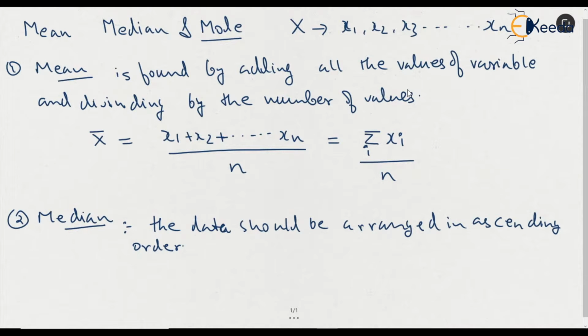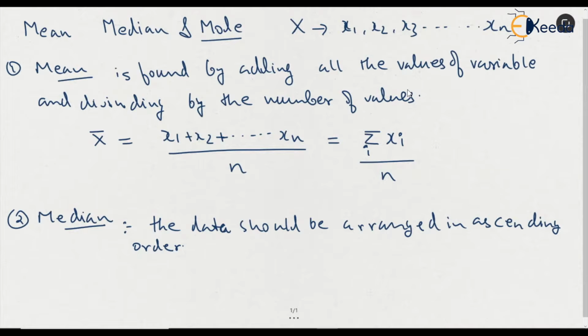And what is this median? In an understanding manner, median is a value such that the number of values on the left and the number of values on the right are the same. So it is standing somewhere in the middle, right?